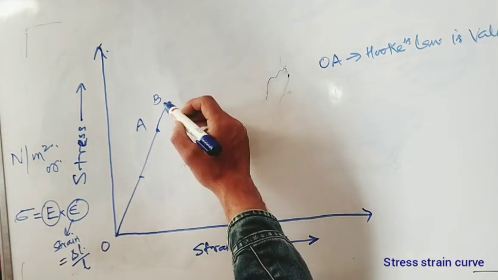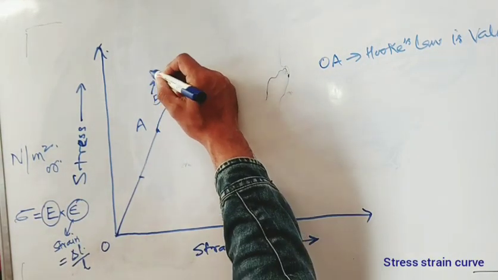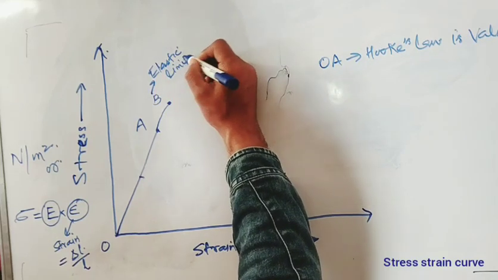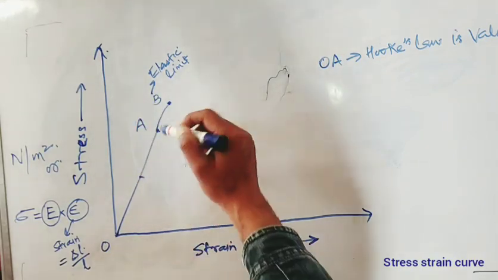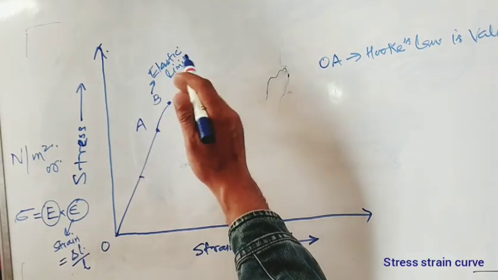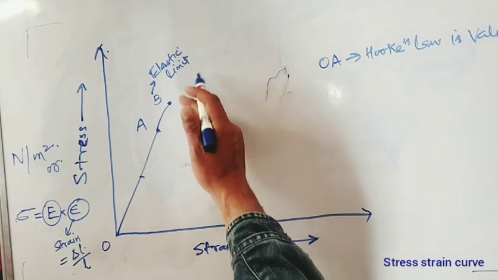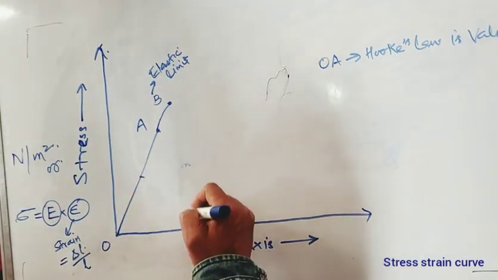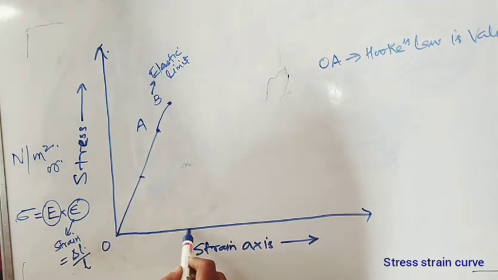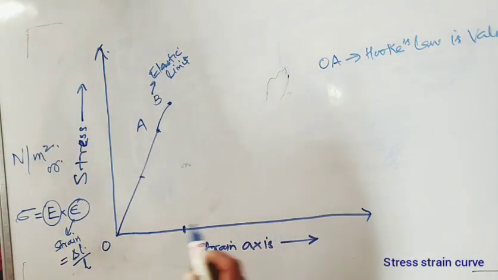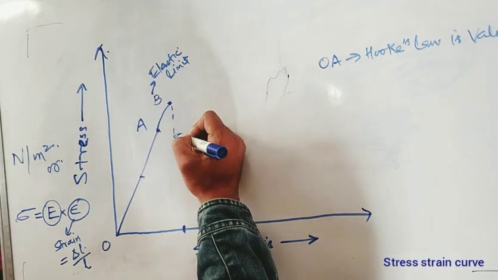Up to this point B, this is called the elastic limit. What we mean by elastic limit is that if from point B I remove the load, I remove the stress, the whole of the strain will be recovered. It depends on the material properties, obviously, but mostly books will write maybe 2% elongation up to the elastic point.